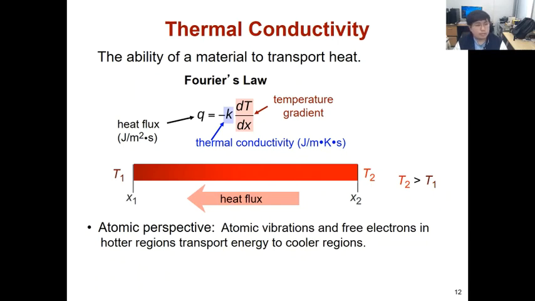Next thermal property is thermal conductivity. We know that thermal conductivity can be expressed by Fourier's law, so conductivity, like diffusivity, can be simply proportional to the temperature change. This temperature change is also affected by the length change, so in other words, the temperature gradient is linearly proportional to the heat flux.